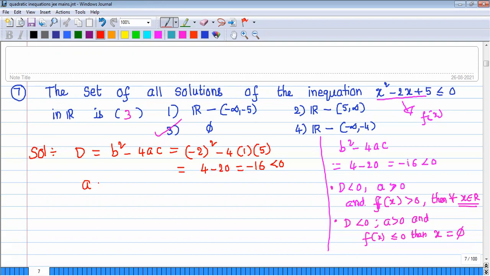So a, coefficient of x square, 1 is greater than 0. That means d less than 0, a greater than 0, and f of x is less than or equal to 0. So then x equals pi. No solution.